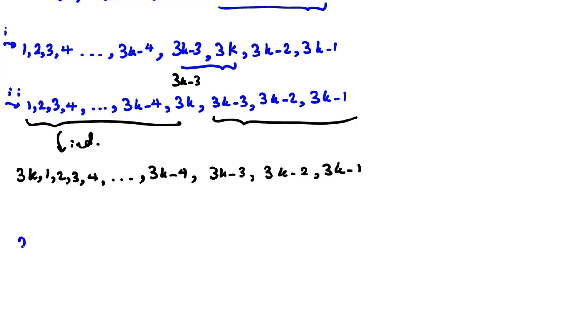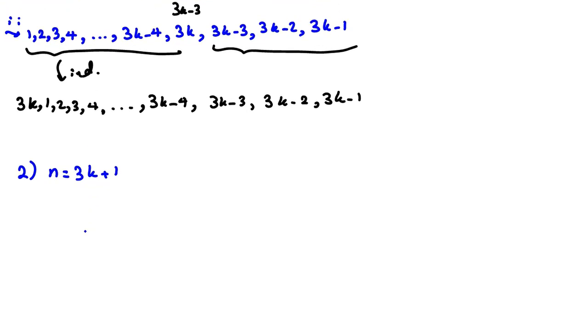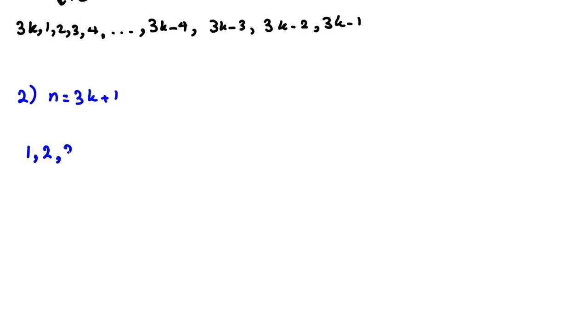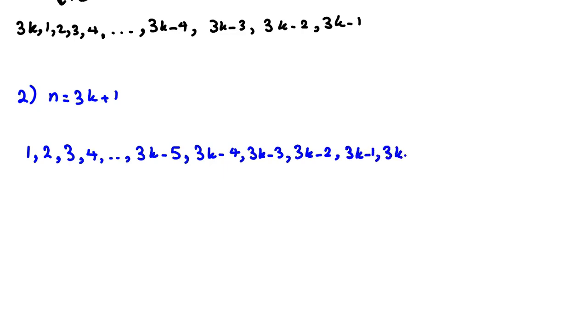Now let's consider the second case, n equal to 3k plus 1. Again, we write all the things we have: 1, 2, 3, 4, 3k minus 5, 3k minus 4, 3k minus 3, 3k minus 2, 3k minus 1, 3k, 3k plus 1. If we use the first rule here, their sum is a multiple of 3.